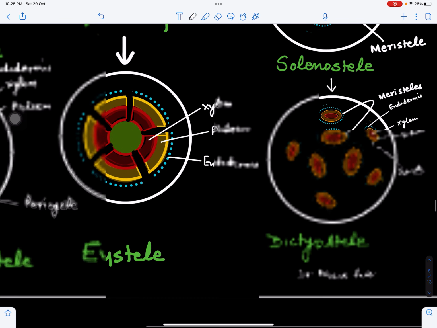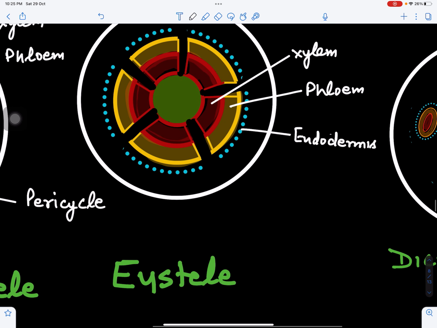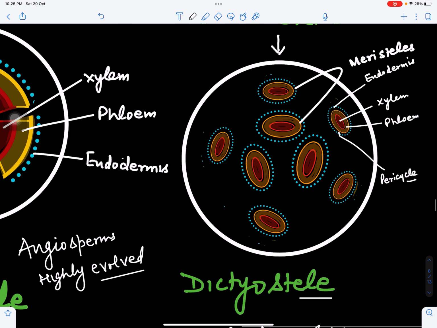Now this stele, which is called as eustele, is highly advanced and is found in angiosperms. The rest of the steles are found in gymnosperms and pteridophytes. They are also found in angiosperms, but this is highly evolved. Like we have shown, this is dictyostele when meristeles are being produced.